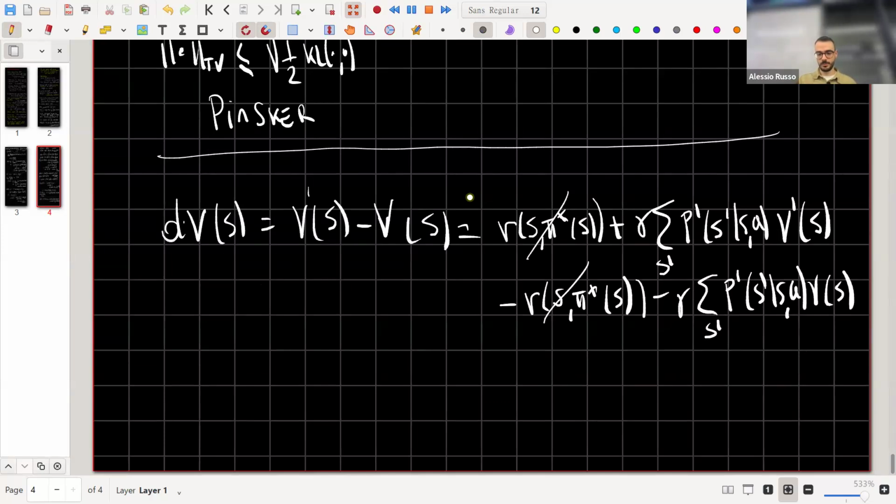So same trick, plus minus. We want to do plus minus and make the dV term appear. So we're going to do plus minus gamma sum over S prime, or let me write it directly in vector form, P prime SA transpose dV.